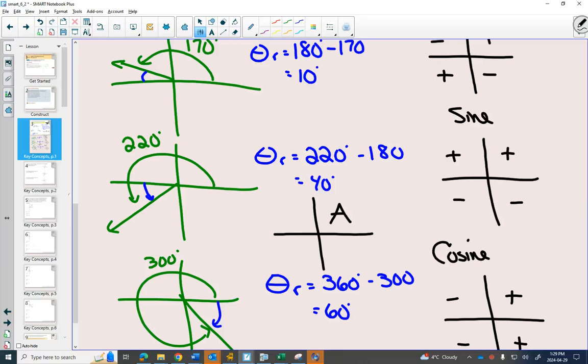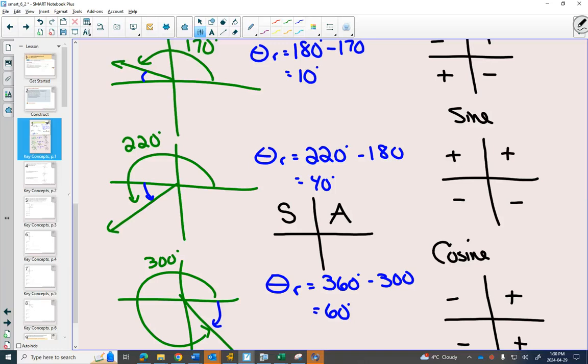In quadrant 2, only one of them is positive. Which is the only one that's positive in quadrant 2? Sine. So we put an S here. That S says sine is the only one that's positive. Both cosine and tangent, as a result, are negative in quadrant 2.